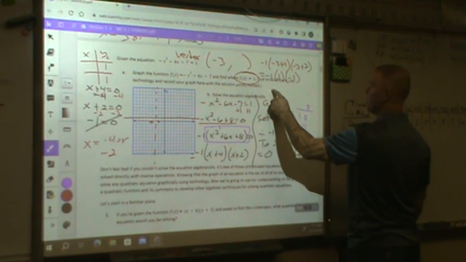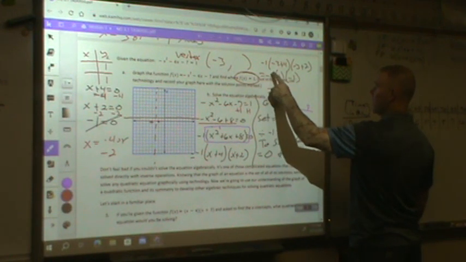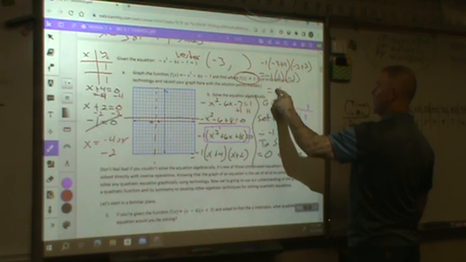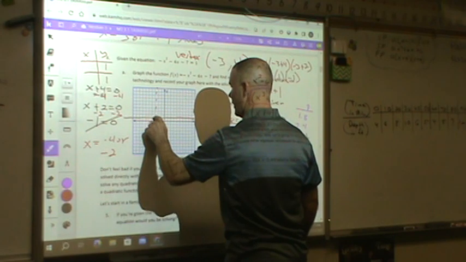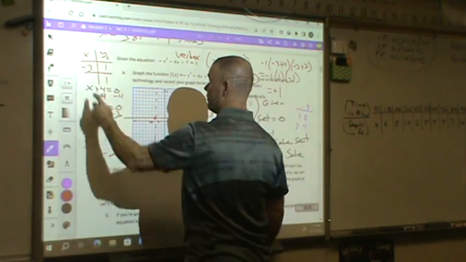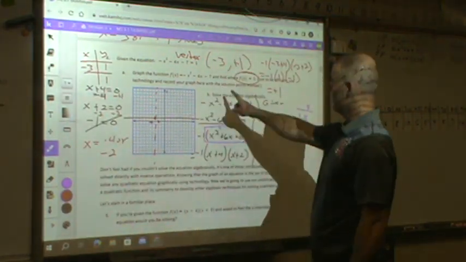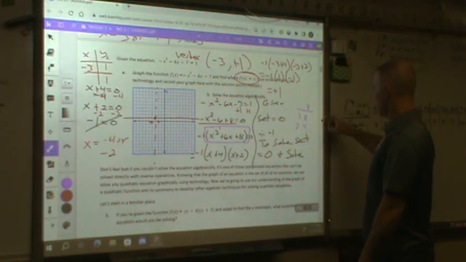That's a whole lot of 1s, which is going to be equal to 1. Negative times a positive is negative. Negative times negative is positive, so plus 1. Hey, I only have one solution, and that's at negative 3 and 1. And that was a lot.